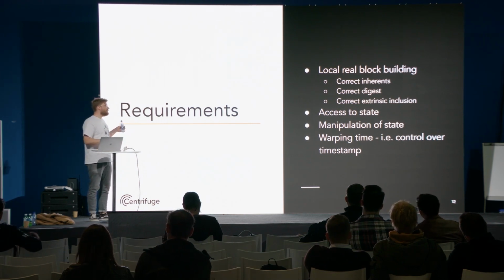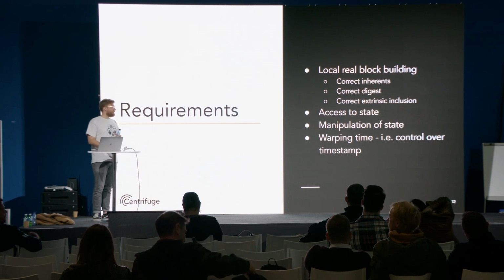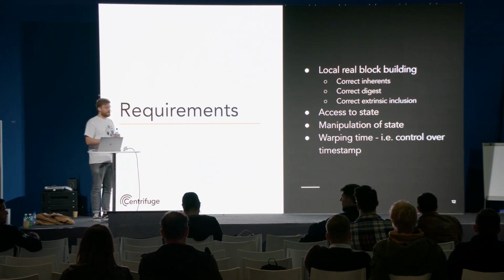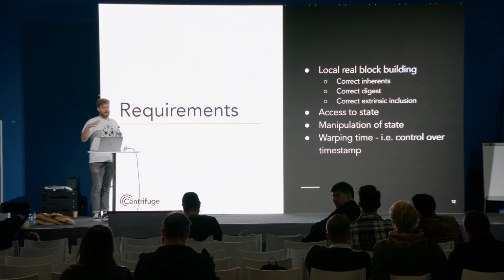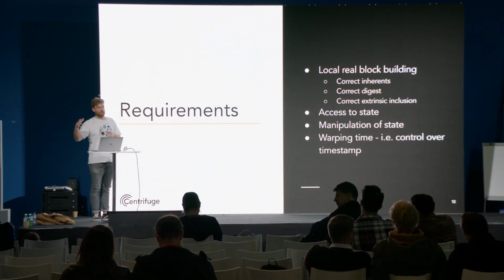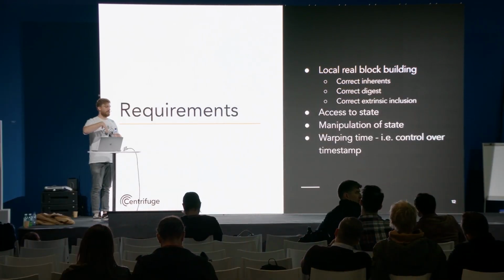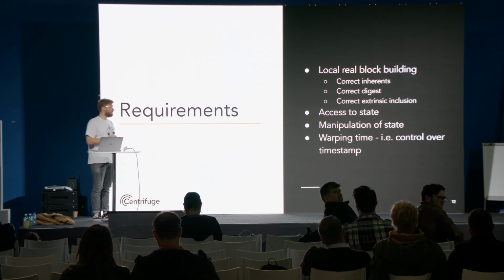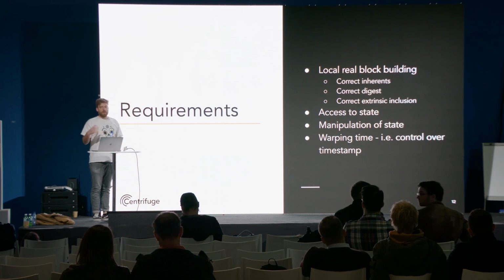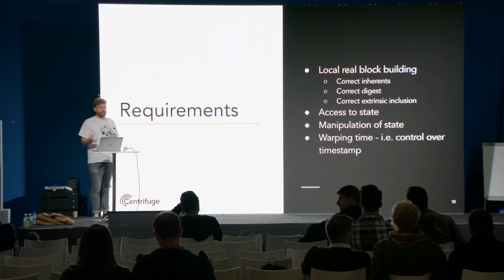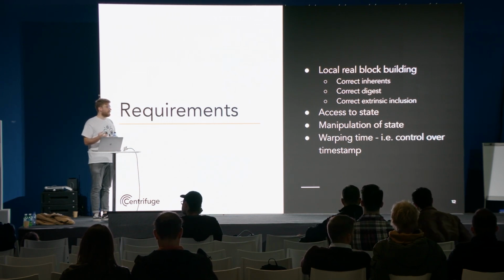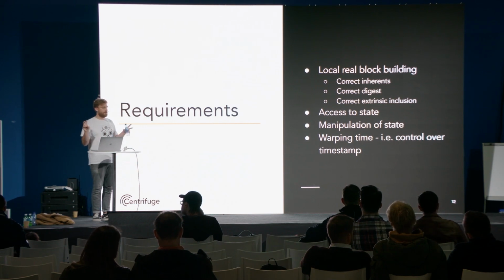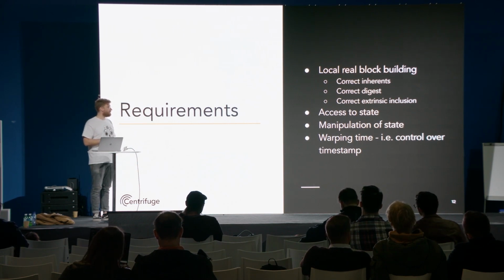The manipulation of state is probably only interesting if you have a given database and want to manipulate it so you can use it in different circumstances. You might want to simulate a bug or something like this. And warping time is control over the timestamp, because your blockchain doesn't have a notion of time. It just has the timestamp that you give it.